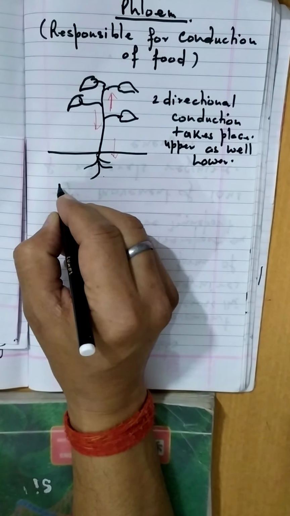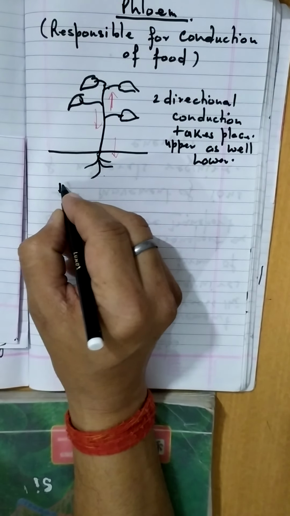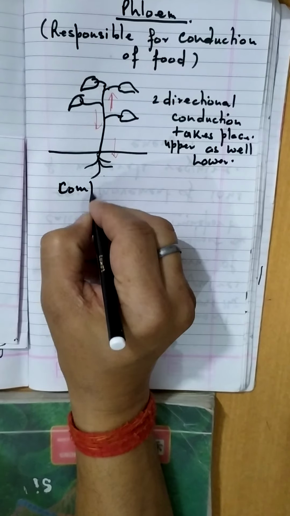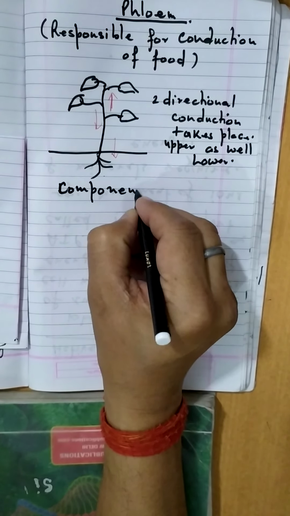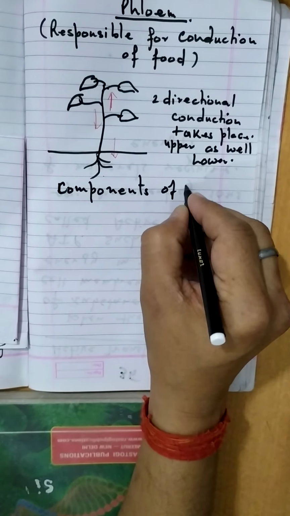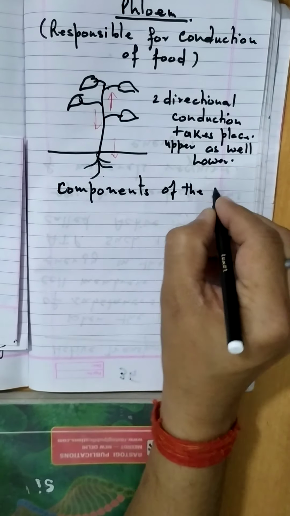The components of the phloem. Here also there are 4 components. First, sieve tube. Second, companion cell.